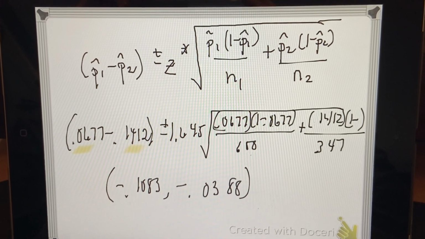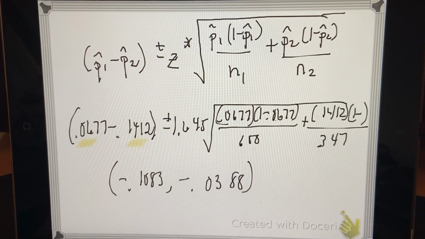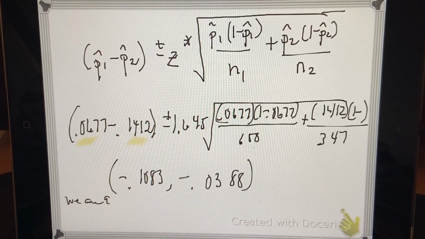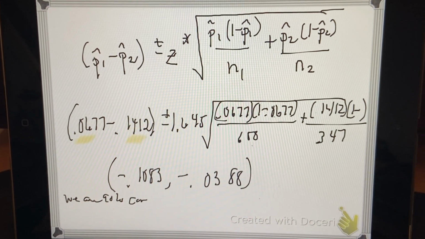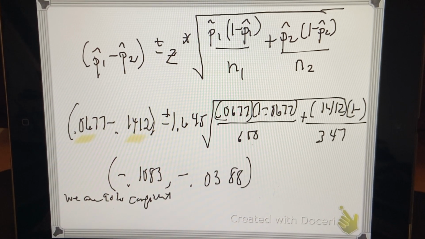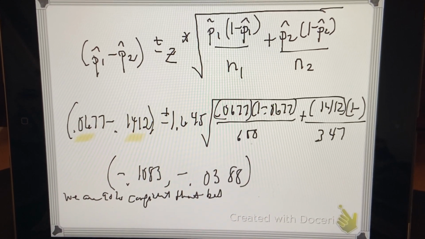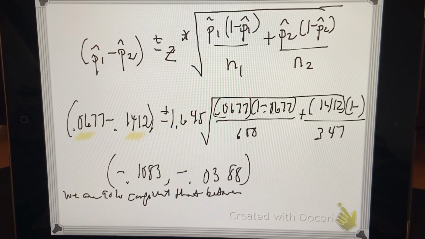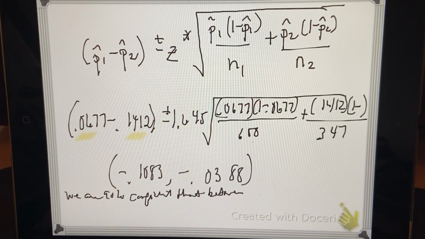All right, and then we finally get a conclusion. We are 90% confident that between, now you can drop the negatives if you want to, because why was it negative?